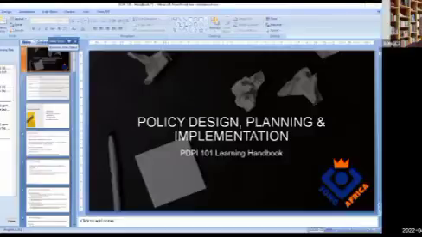So, policy design, the process. First thing is to set an agenda, and that derives from the problem definition. Agenda setting is a process through which a policy and the problem it is intended to address are acknowledged to be of public interest.